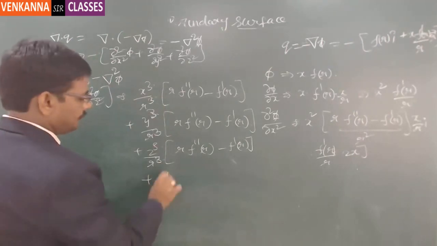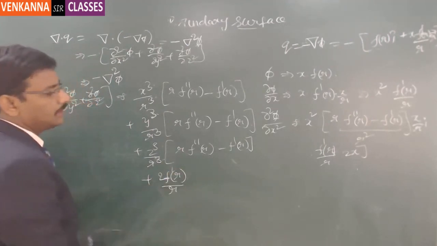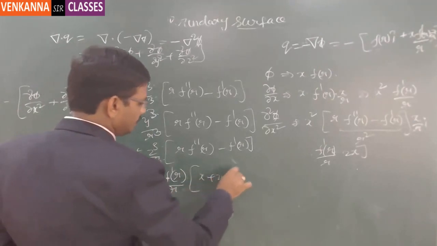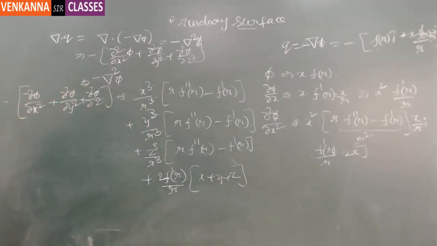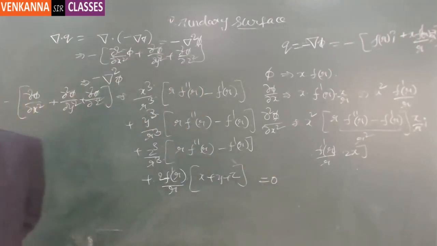And then f dash of r 2 times of, then this will be x plus y plus z. So this is the del dot q value, right? For an incompressible fluid, this is equal to 0. So let me verify this.